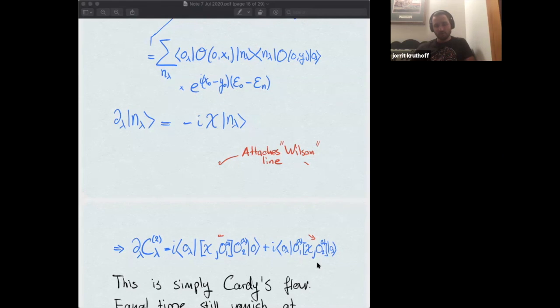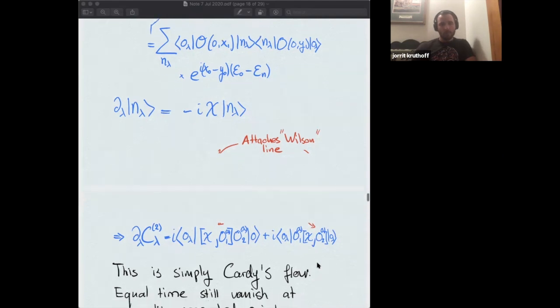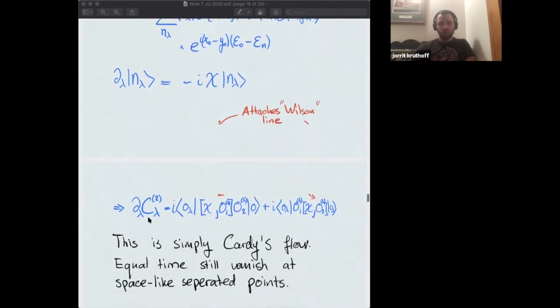With a Wilson line, you multiply an operator by the Wilson line, but here it's more like conjugation instead of just multiplication. This particular flow of the two-point function, and this generalizes to higher-point functions, is simply the flow that Cardy also considered for his correlators for the TTbar deformed theory.